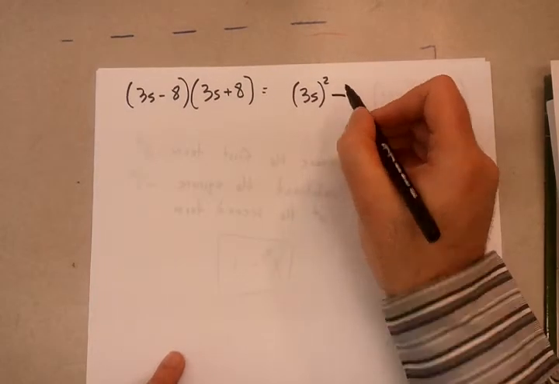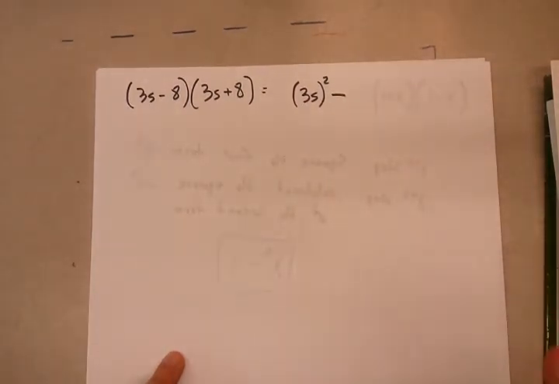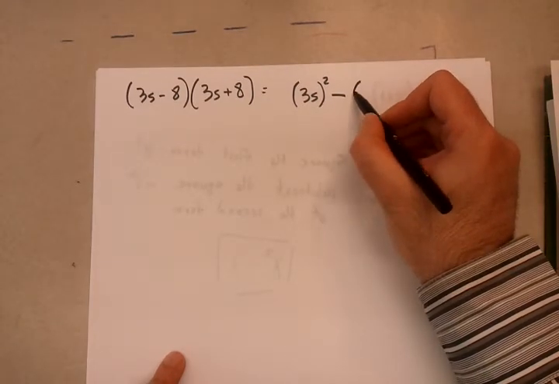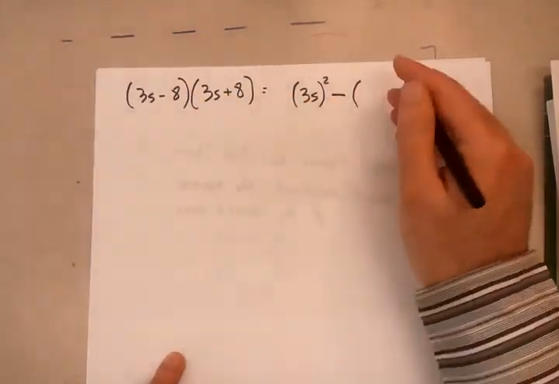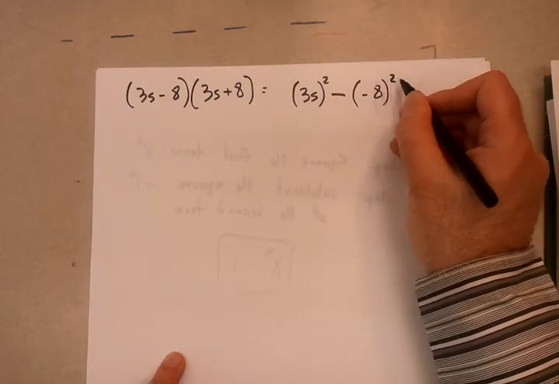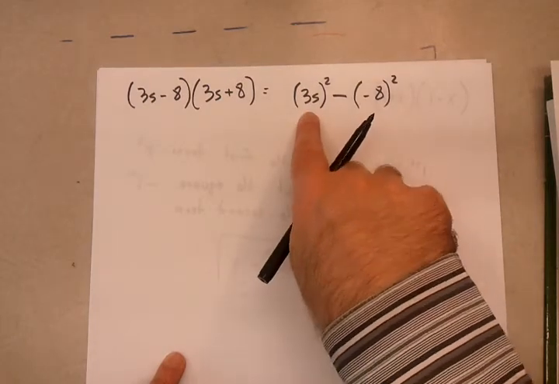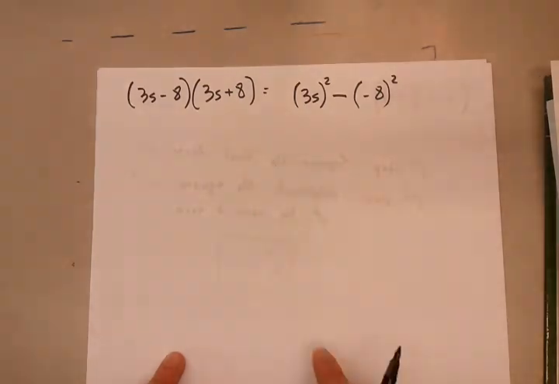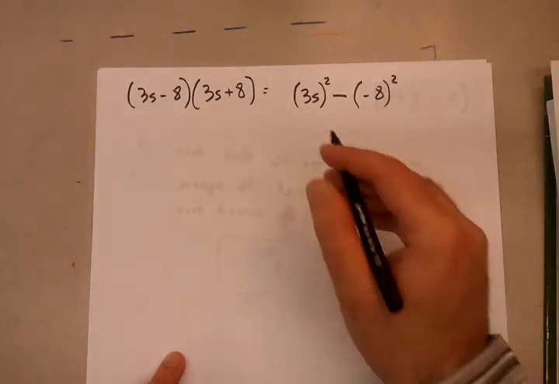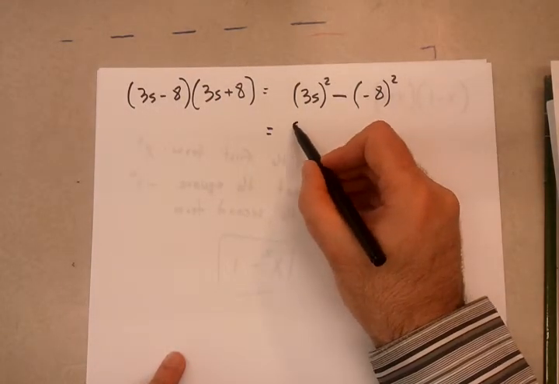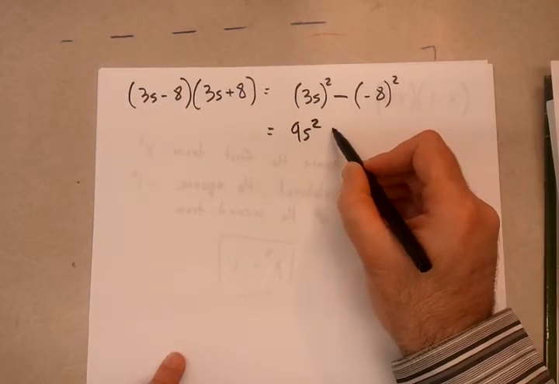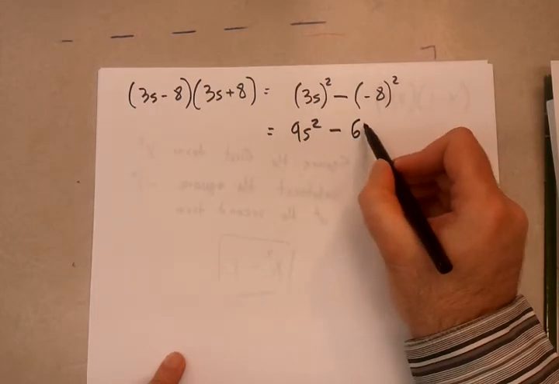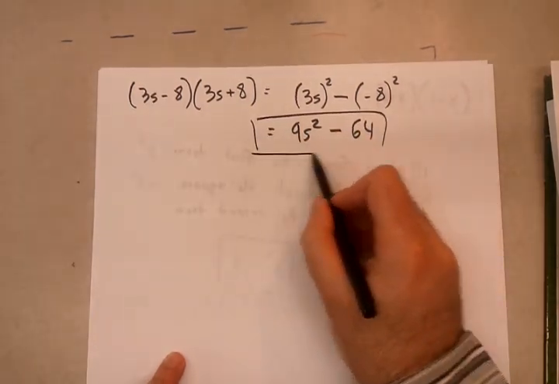Then subtract, so minus, and it's always a minus. With this special exception, it's always a minus. The square of the second term, it doesn't matter which one I choose, let's say I choose this one, negative 8 squared. I could have used a positive 8 or a negative 8, it doesn't make a difference. So that gives me 9s squared minus negative 8 times negative 8, which is a positive 64. That's it. That's the answer.